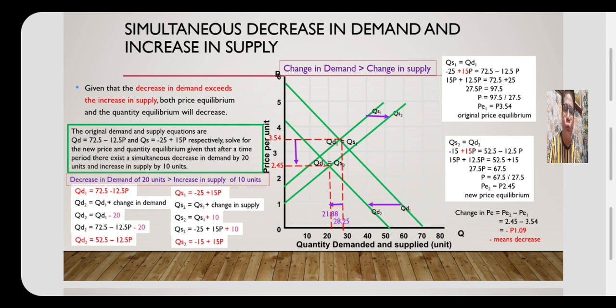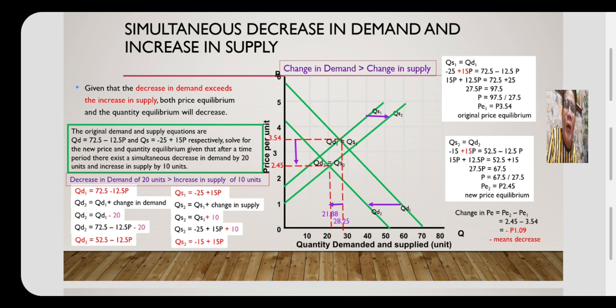derive the new demand equation and the new supply equation using the same procedure as what we have done in the previous slides. The original demand equation is 72.5 minus 12.5P, and now the new demand equation is QD sub 2 equals 52.5 minus 12.5P.